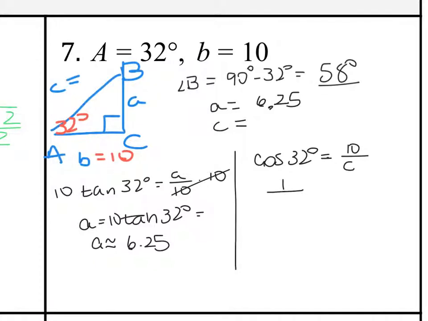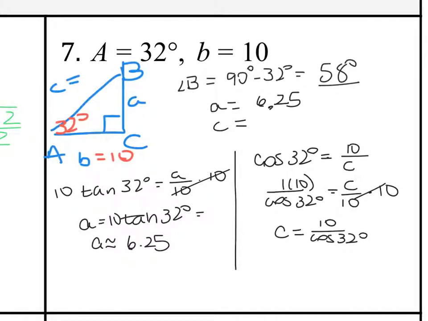I could use secant, but let's go ahead and just do 1 over cosine of 32 degrees equals the reciprocal, C over 10. Then you multiply by 10 to both sides. Remember, that just goes in the numerator. So we're really evaluating C equals 10 over cosine of 32 degrees. Then you plug it in your calculator, and once you do that, C is approximately 11.79.